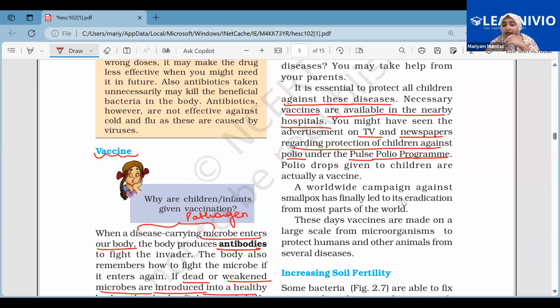Now, a worldwide campaign against smallpox has finally led to its eradication, meaning completely finished. So smallpox does not exist anymore. These days, vaccines are made on a large scale from microorganisms to protect humans and other animals from several diseases.